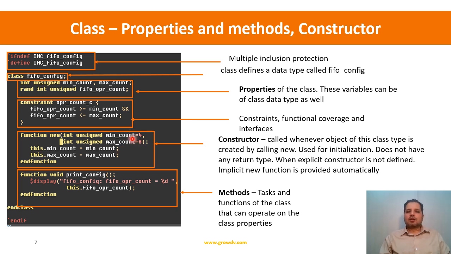Similar to tasks and functions, you can even define default argument values. And if you don't declare an explicit constructor, then an implicit constructor gets provided automatically by SystemVerilog itself. So the implicit constructor will be called automatically if there is no explicit constructor.